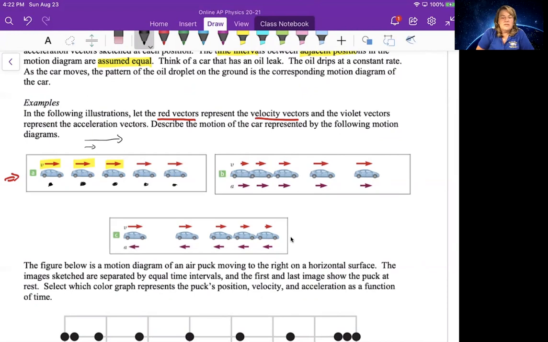So now let's look at A again. Is there any change in velocity between the dots? No, and therefore the lengths of the velocity vectors are the same. If there is no change in velocity, what is my acceleration? 0. Therefore, you don't see an acceleration vector because the acceleration is 0.